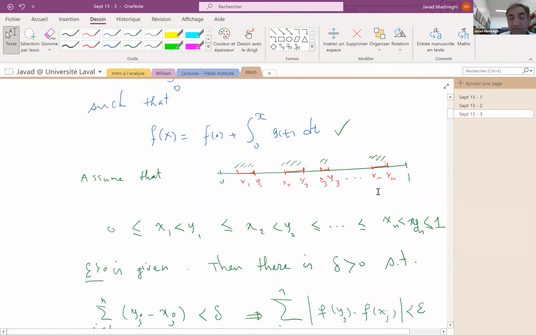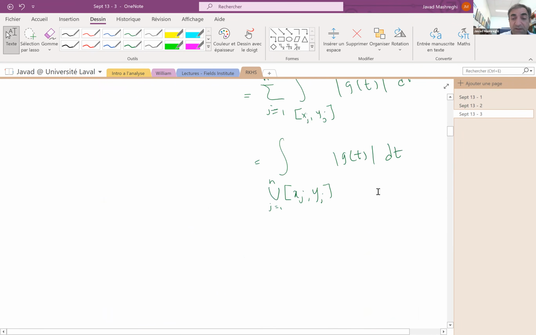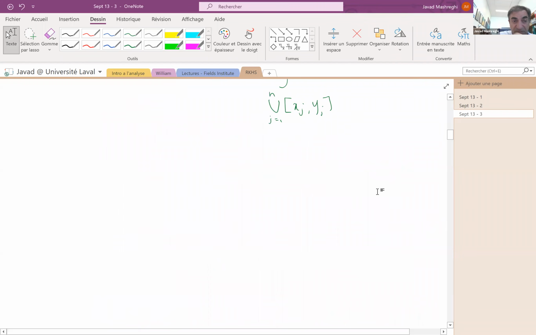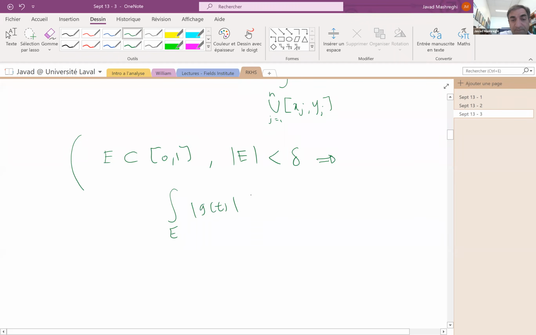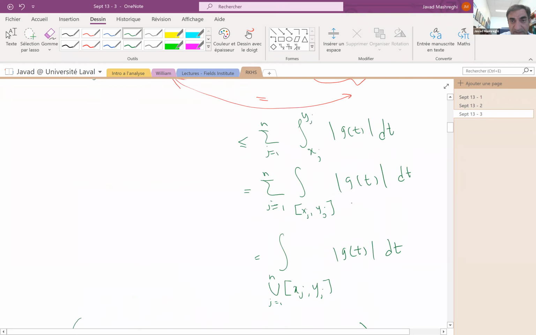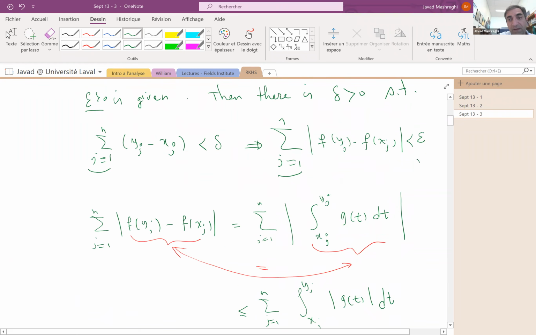And it's not just for intervals. In the general setting, we even say something more. We say that if we have a set E in [0, 1], of course a measurable set, such that its length is less than delta, where length here means the Lebesgue measure, then the integral over E of g(t) dt is less than epsilon. That's a generalization of what we have here.